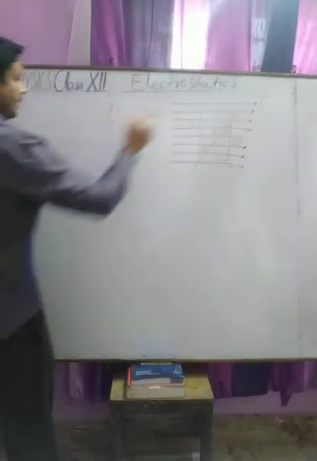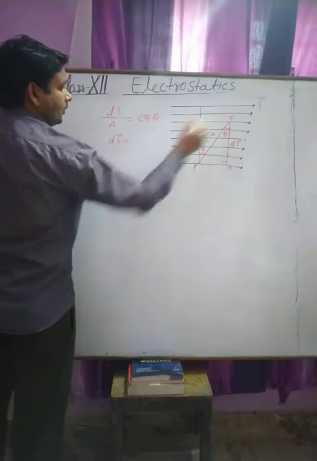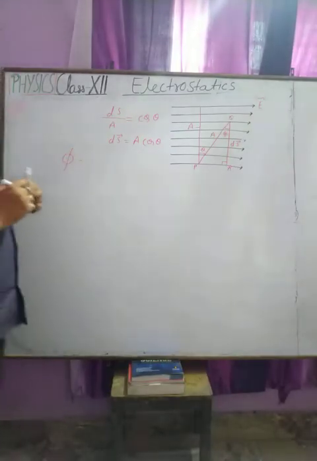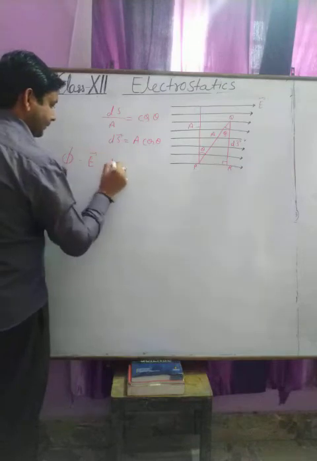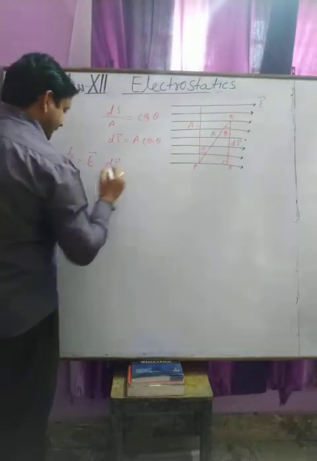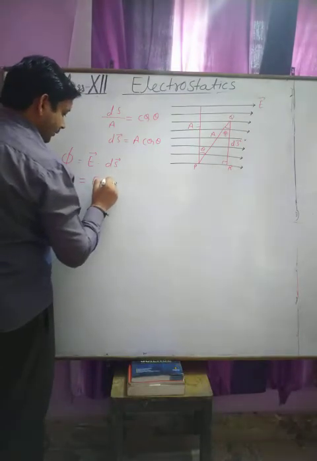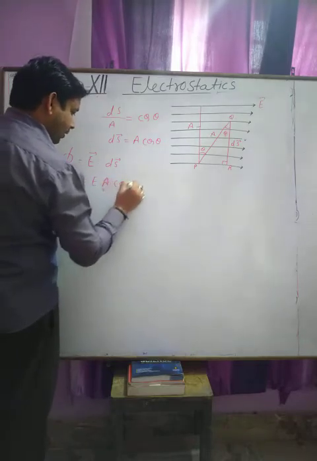Okay, student. Therefore we can calculate that the small length through which the electric field is linked is A cos theta, and the flux is the product of the electric field and the surface dS for which the field is linked, that is E A cos theta.